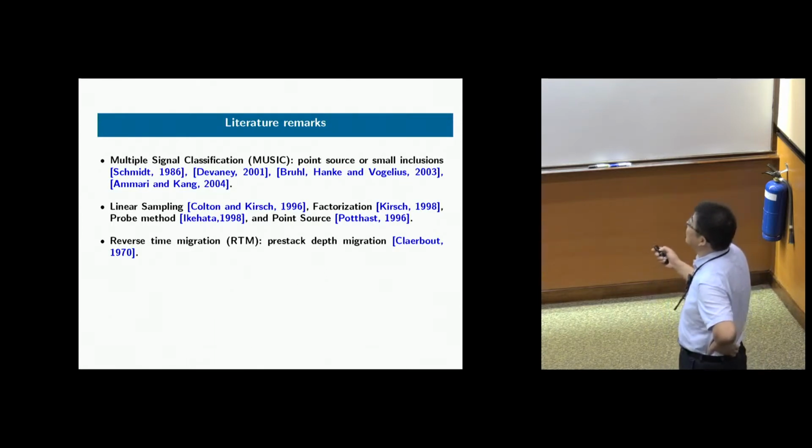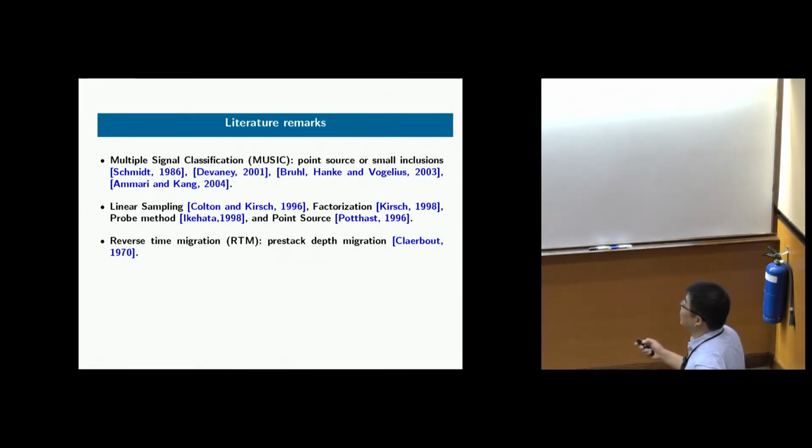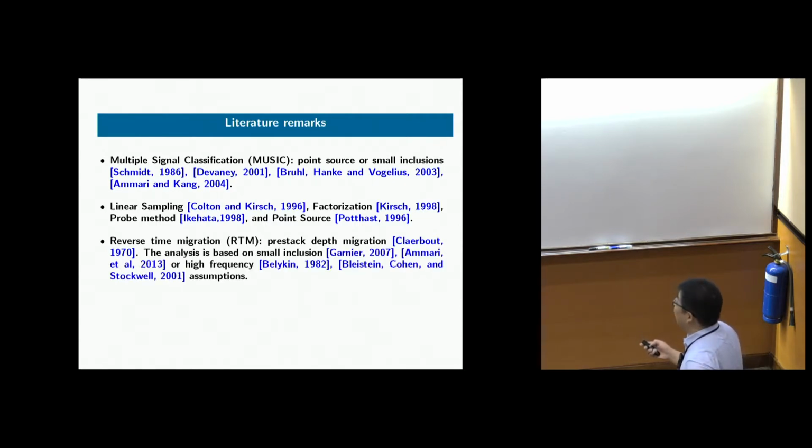There are several papers, with a lot of discussion with Habib, and the linear sampling method, which Jing already talked about yesterday. The direct method is, let's say, inverse RTM. The mathematics behind RTM in the literature is mostly based on the small inclusion assumption.